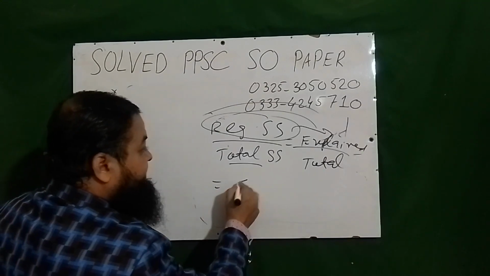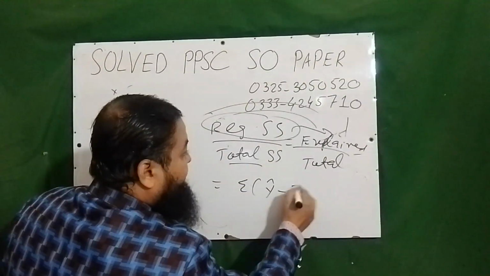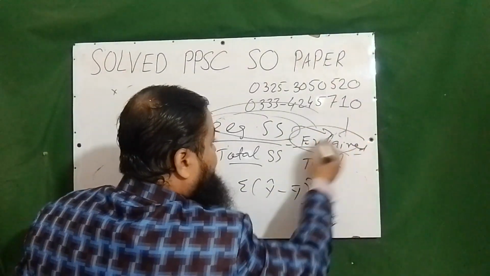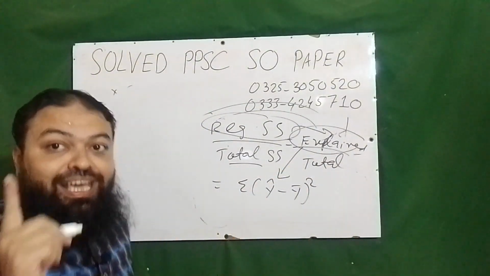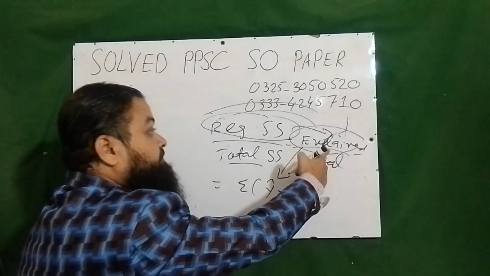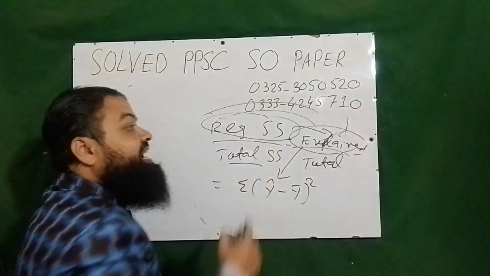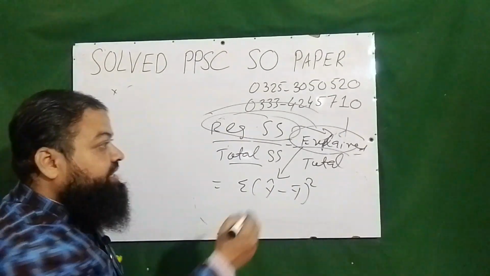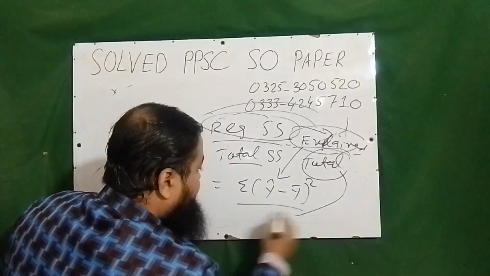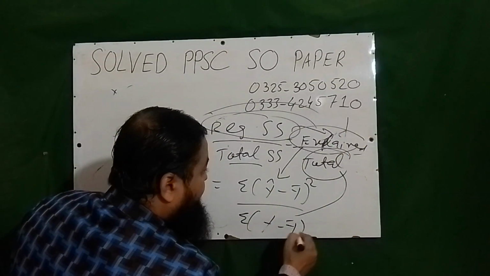Actually, I can also write summation y cap minus y bar whole square. This can also be asked in the question, in the paper, in the exam, in every FPSC, PPSC, KPPSC, SPSC exam. Explained variation is regression sum of squares, and explained is also written as summation y cap minus y bar whole square. And what is total? It is summation y minus y bar whole square.